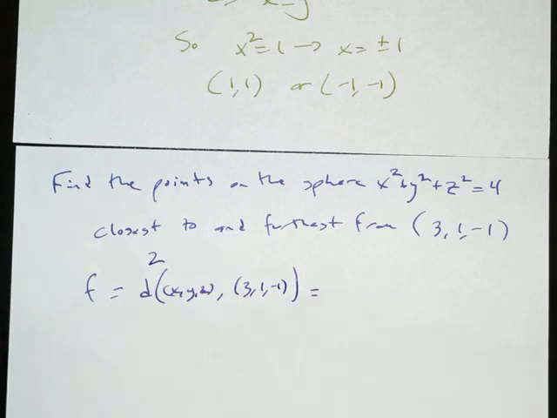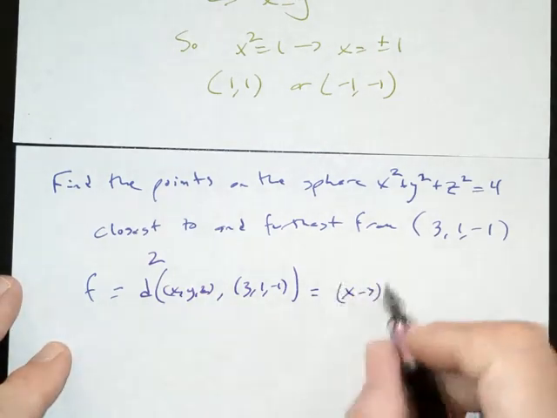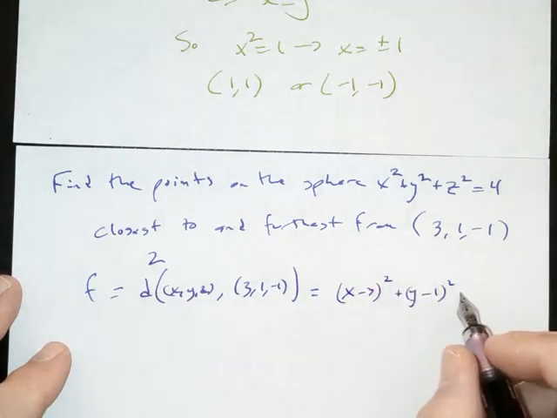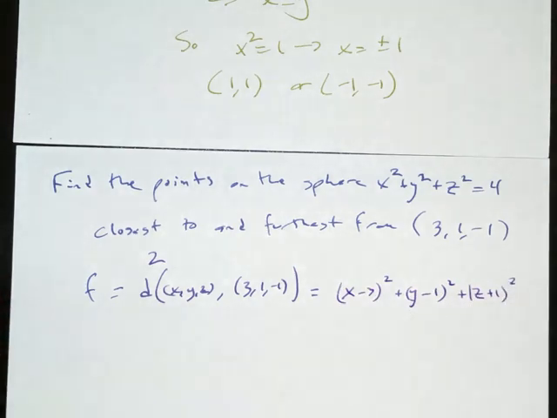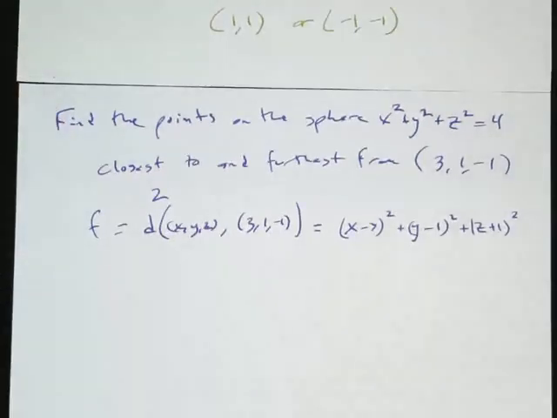And again, I'm doing that because distance is always positive. So that gives me, well, let's just ignore the square root: (x minus 3) squared plus (y minus 1) squared plus (z plus 1) squared. Set up the gradient equations.